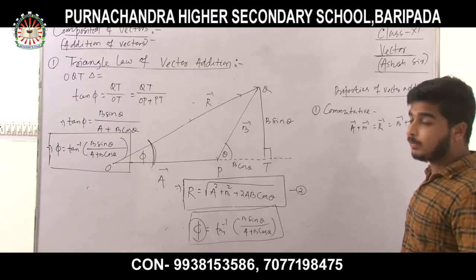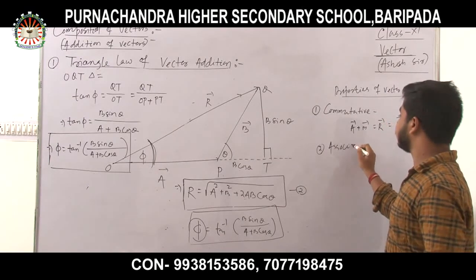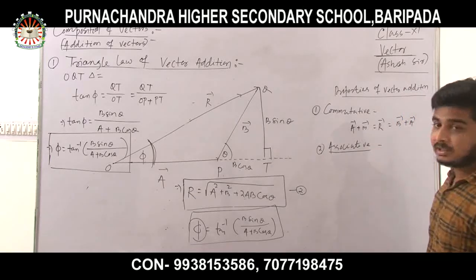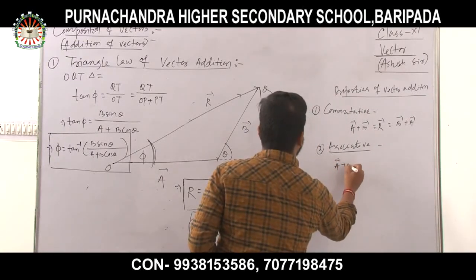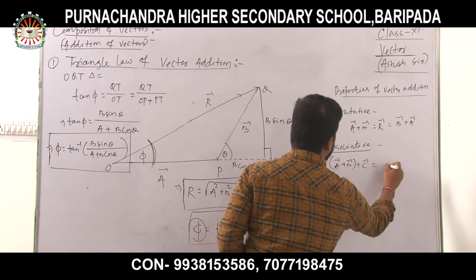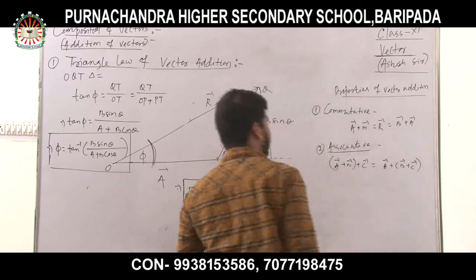This is the commutative property. The second one is the associative property. Vector addition is associative. Associative means if you add three vectors, A plus B with another vector C, that will be equal to A vector plus B vector plus C vector.